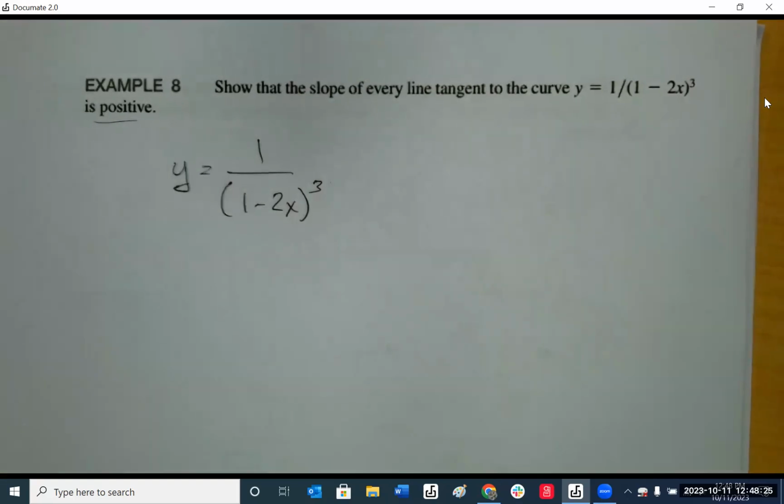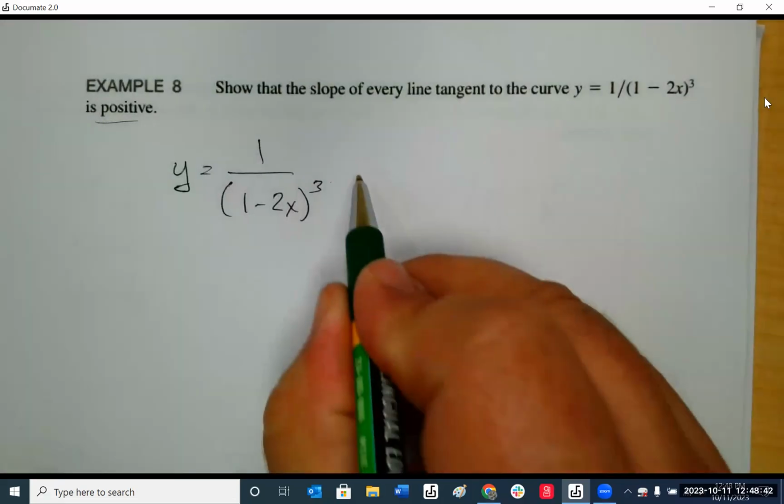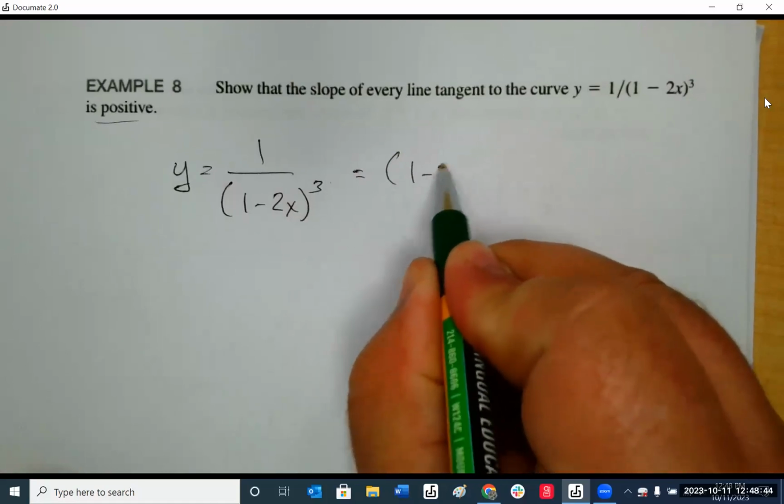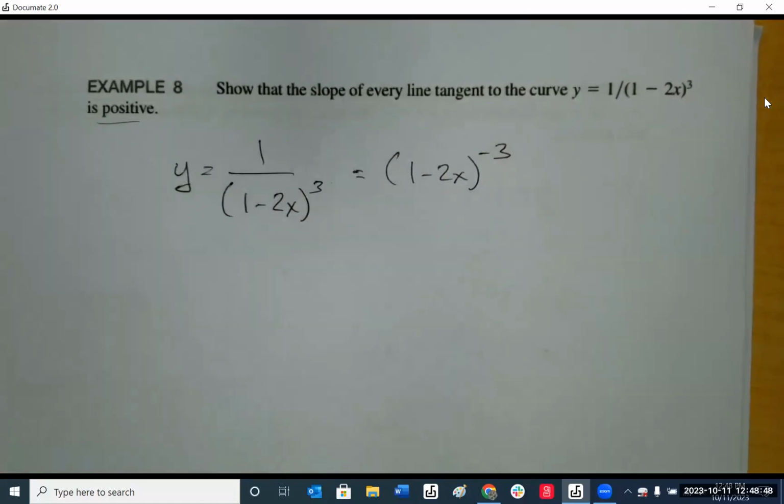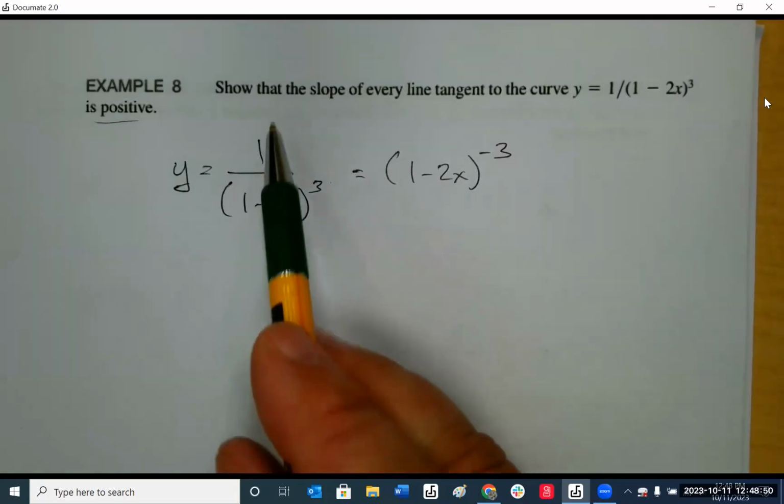Now, if we were Fred Flintstone or Barney Rubble, we would use the quotient rule. But we're not going to use the quotient rule. What are we going to use? Chain rule. How are we going to use the chain rule with this? We have to rewrite that because now it's a quotient.